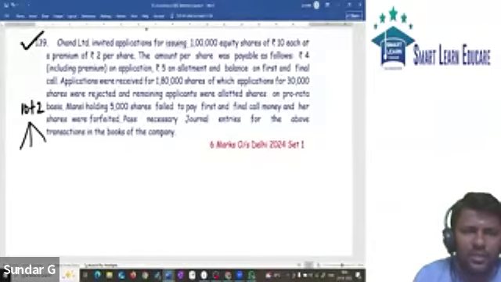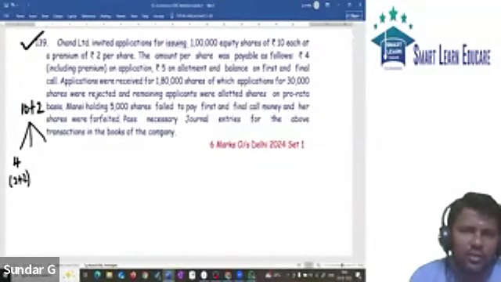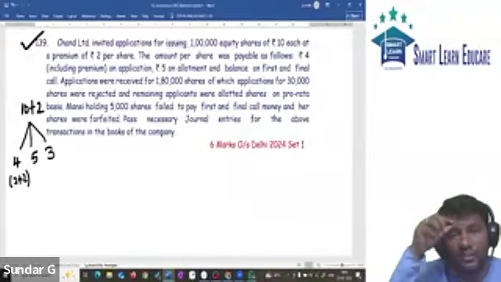Application: it is 4 rupees on application, including premium, it is 2 plus 2. Premium is collected at the application stage. 5 rupees on allotment. 4 plus 5 over. And balance on first and final call, it means balance is 3 rupees. 4, 5, 3.